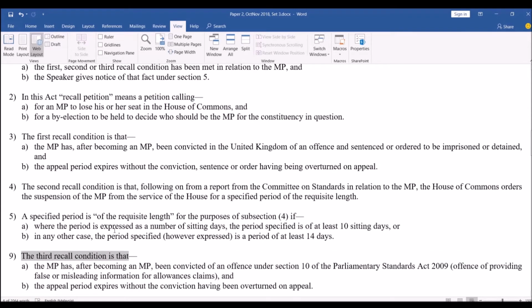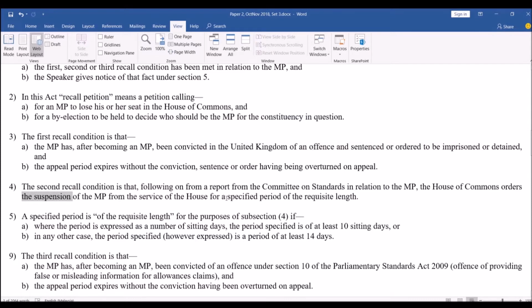So the first condition generally concerns conviction of an offence and a sentence or order to be imprisoned. The second condition concerns suspension.